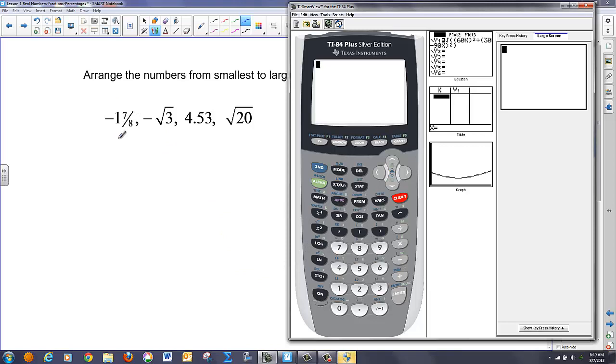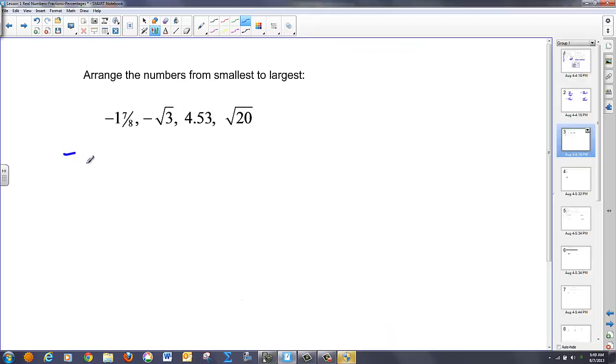My guess is it's going to be negative root 3 in terms of a less negative number, but let's just plug in negative 7 divided by 8, hit enter, and that gives me a decimal equivalent, and then add negative 1 to that, and that's going to give me negative 1.875, I believe.